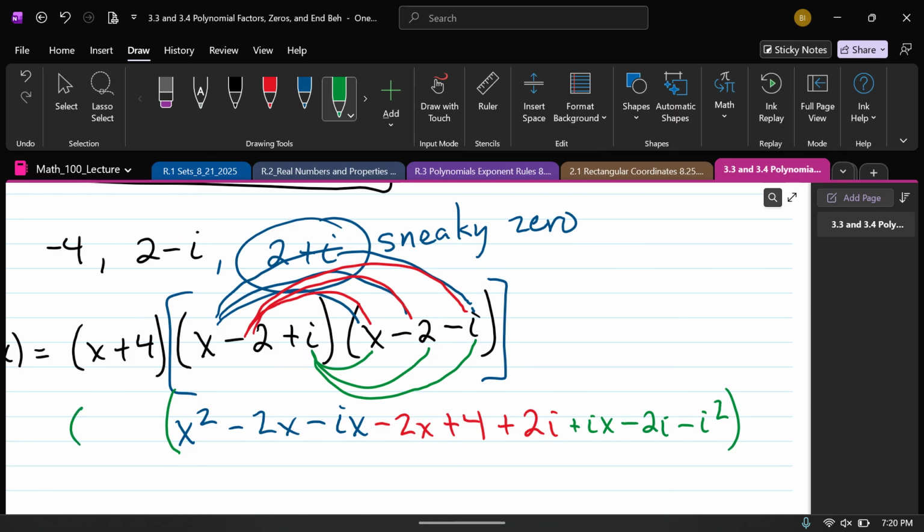So I still have the x plus 4 in the front there. Hadn't done anything with that yet. Now, inside of this parentheses, let's start canceling out stuff. I have a negative ix and I have a positive ix. They're going to cancel each other out. I have a positive 2i, I have a negative 2i. They're going to cancel each other out.